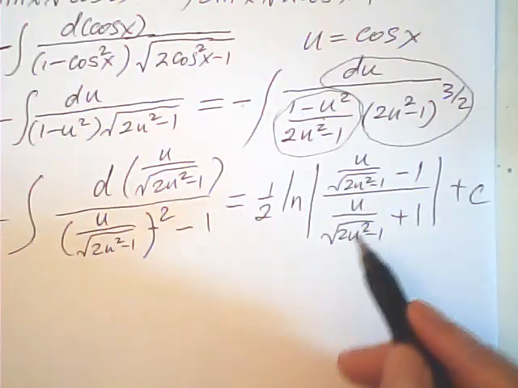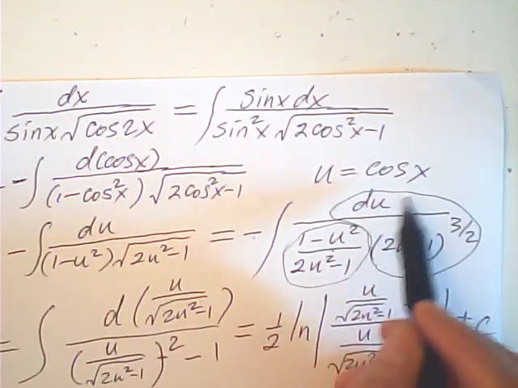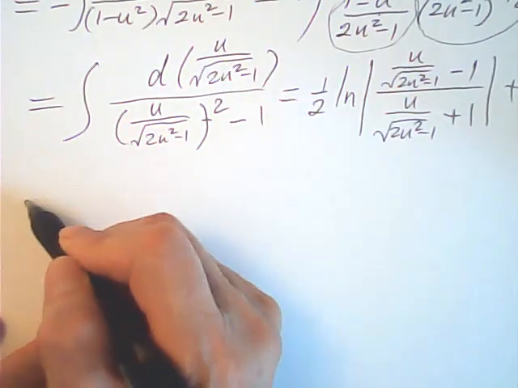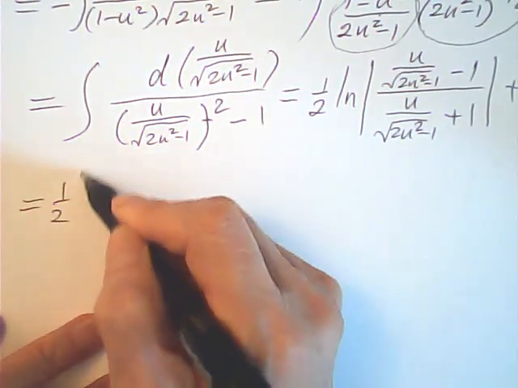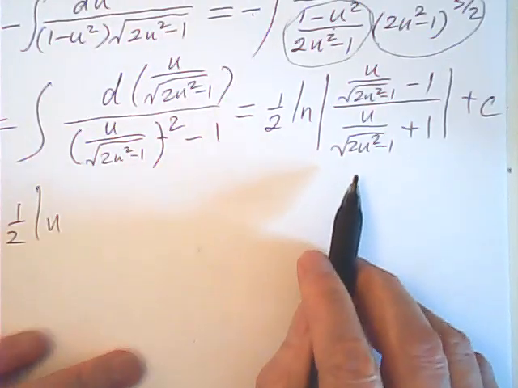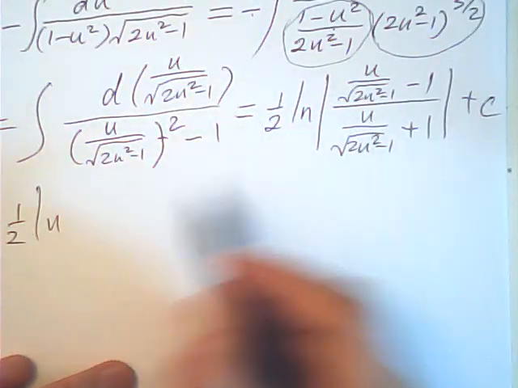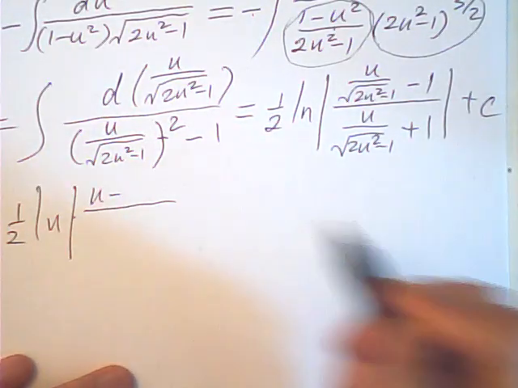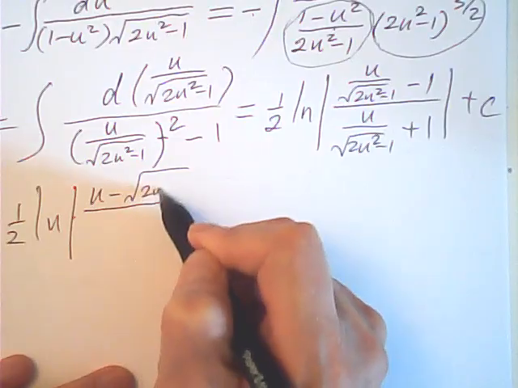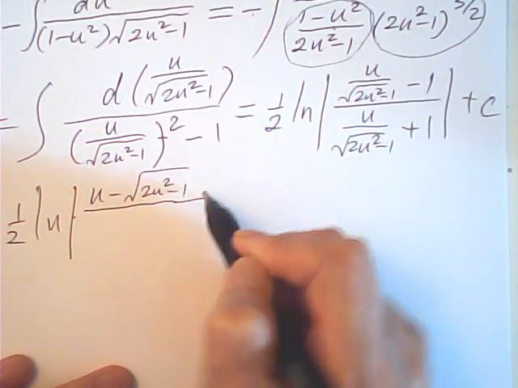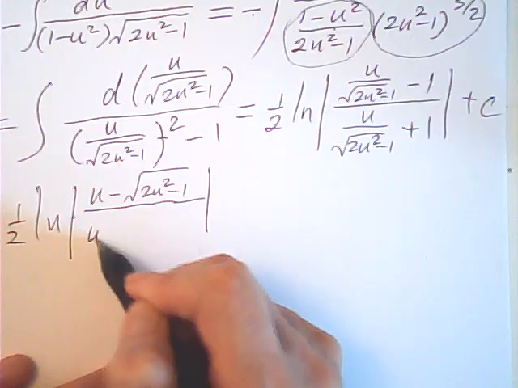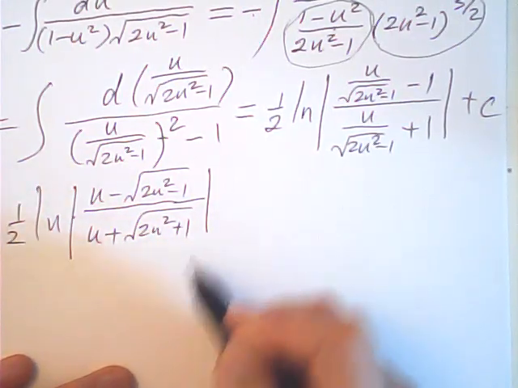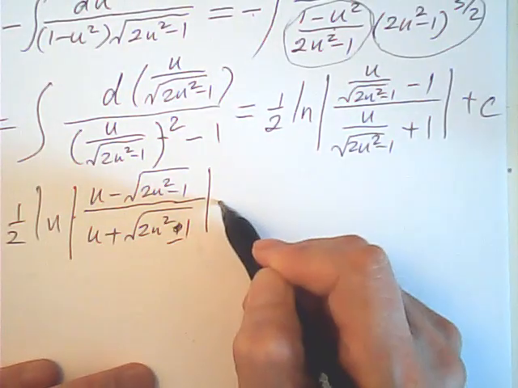It's just a matter of simplification and putting x back. To simplify this one, multiply top and bottom by the square root of 2u squared minus 1, so it becomes u minus the square root of 2u squared minus 1 over u plus the square root, plus c.